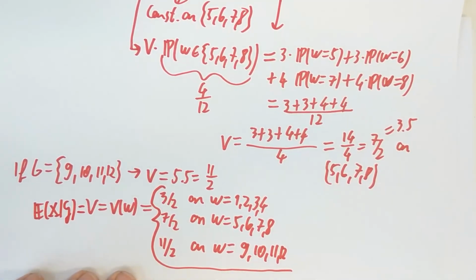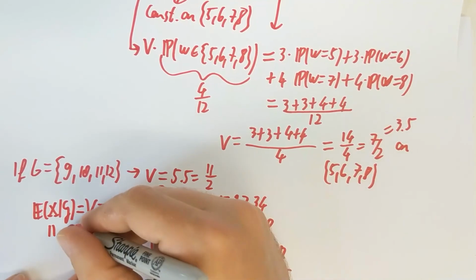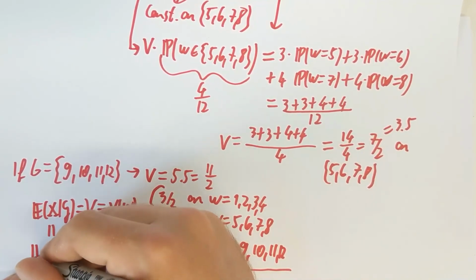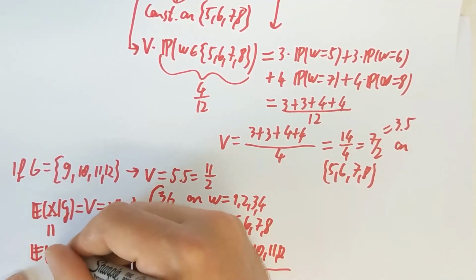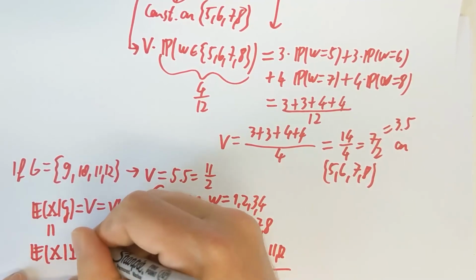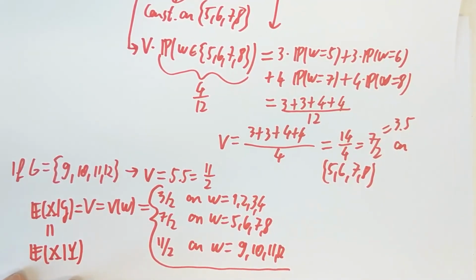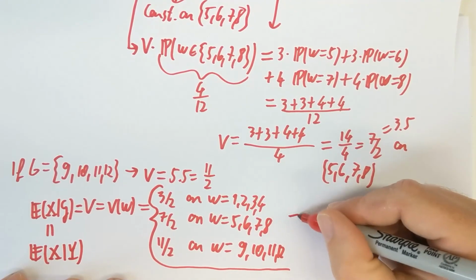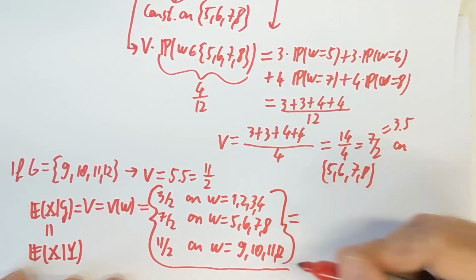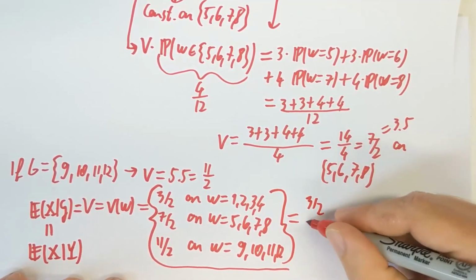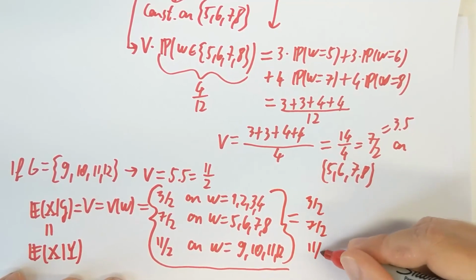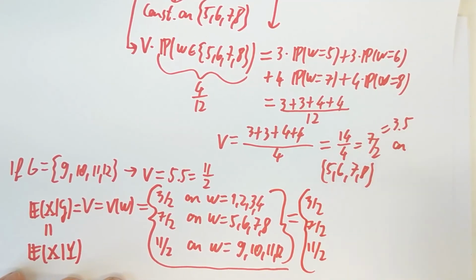And if you watch the video carefully, then you notice that G was the sigma algebra generated by Y, so in fact what we have is that this is actually the expectation of x given Y, and so I can further write this as 3/2, 7/2, or 11/2 on which set?